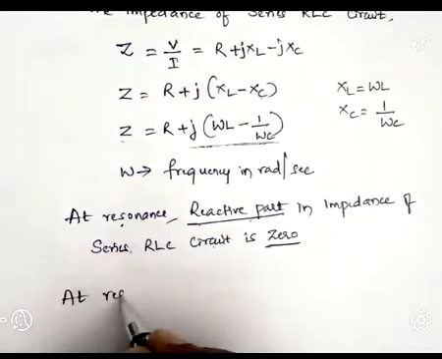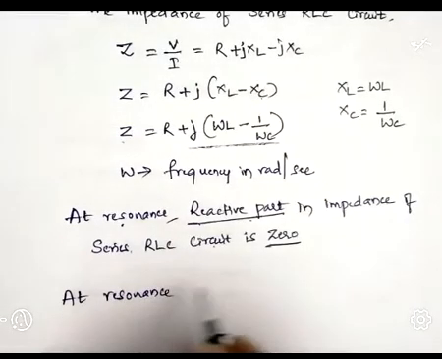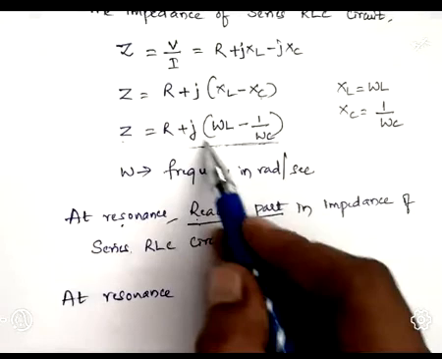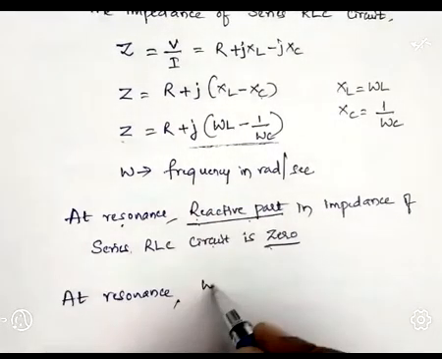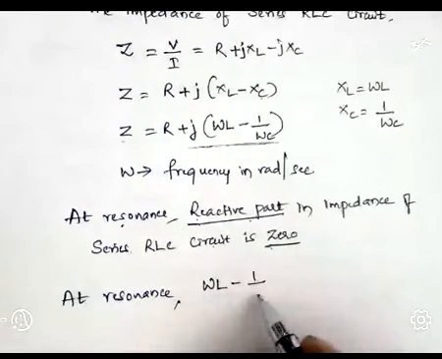So I'm going to write it in equations. At resonance, the reactive part becomes 0, so omega L minus 1 divided by omega C is equal to 0.